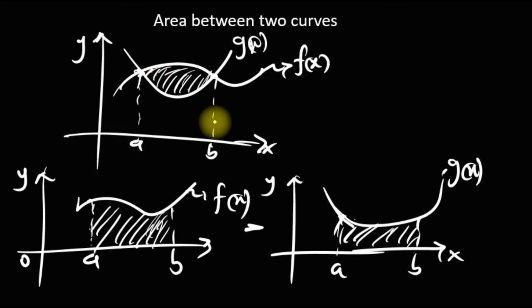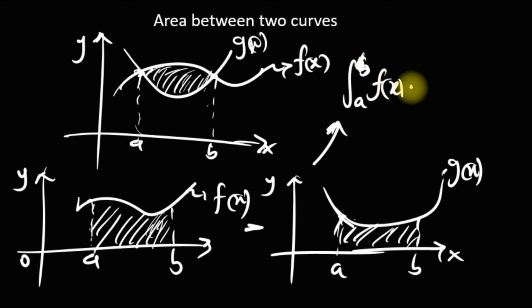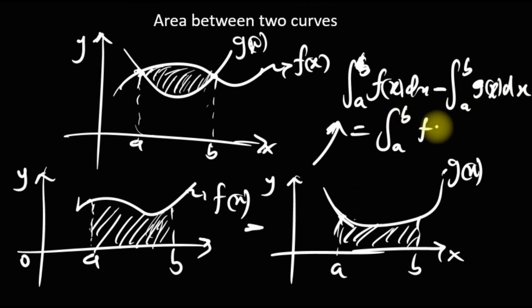That's if you subtract this from the total, we get the remaining here. So which is just the integral from a to b of f(x) dx minus the integral from a to b of g(x) dx, which is the integral from a to b of f(x) minus g(x) dx.